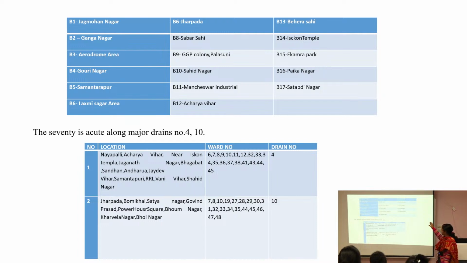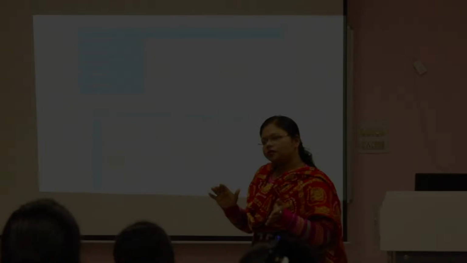So these are the risk zones and we can say in this area the drains number 4 and 10 are covering. Okay, so after choosing the locations we have to focus on the drain.